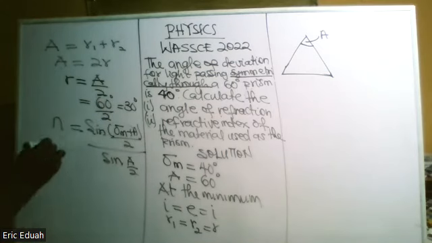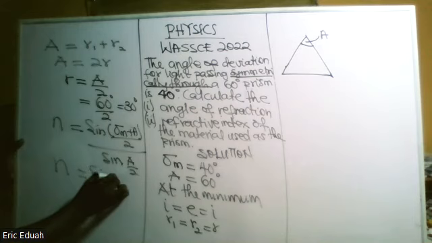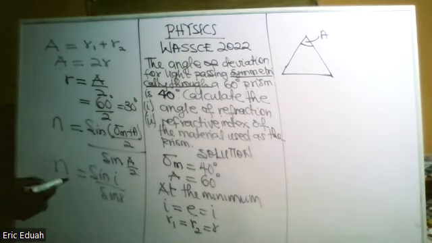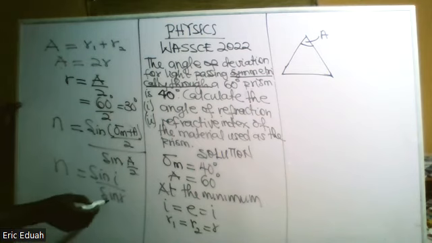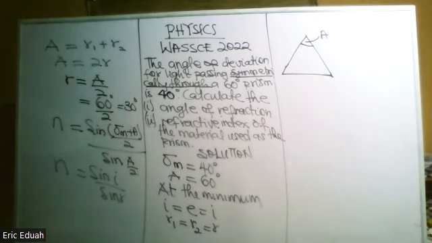You see, we can actually use n is equal to sine I over sine R. We can use this because here we have R, R is this, but we don't know I. And don't forget, I want to use this formula first to find the refractive index.